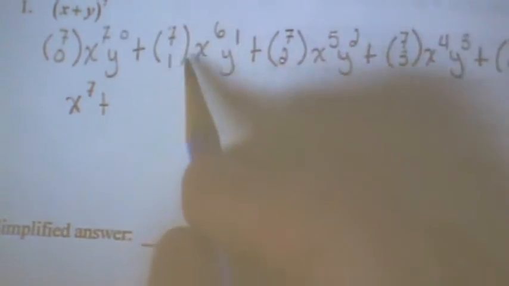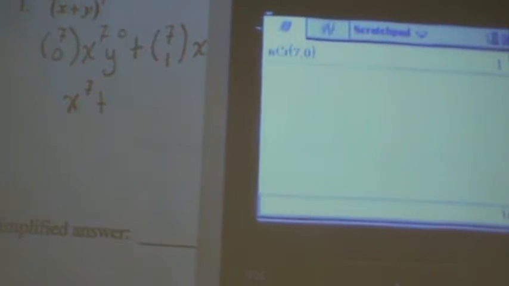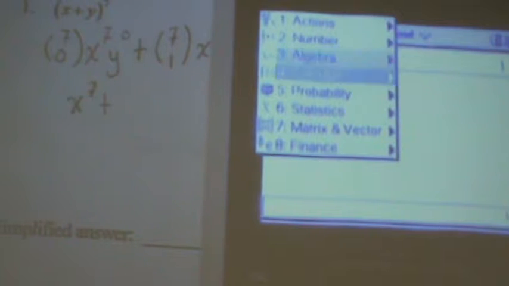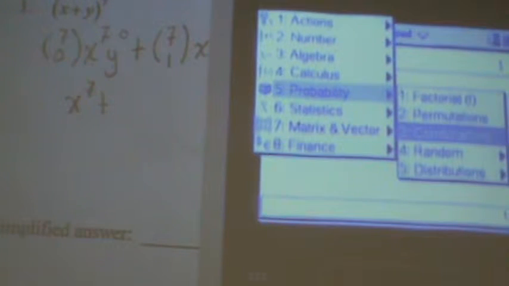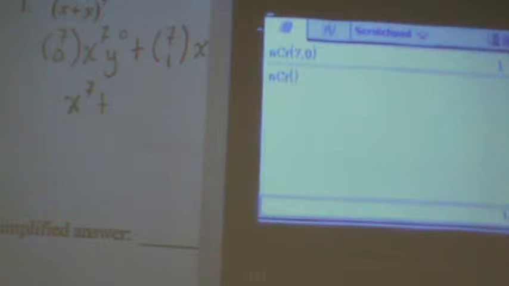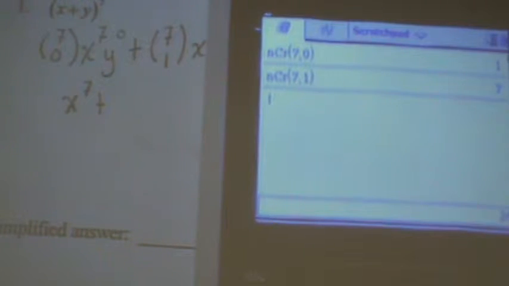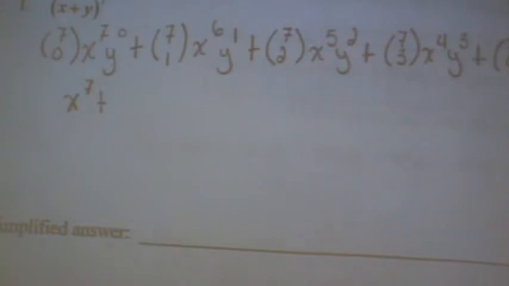Now for your next term, you're going to find this combination, and again, you put that into your calculator. So you go menu, probability, down to combination, and it's 7, 1 this time. Hit enter, and you get 7. So this combination gives you 7, and you have 7 times x to the 6th times y to the 1st.